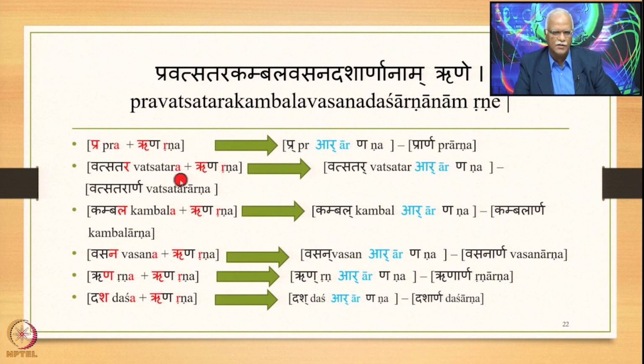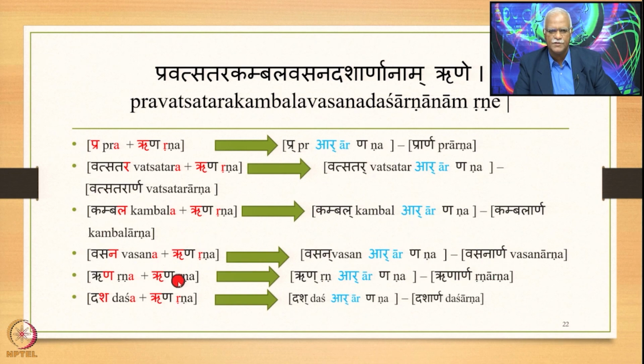Vatsatara plus Rana, a coming at the end of this pada, ru coming at the beginning of the word Rana, and so the output generated is Vatsatar arna, Vatsatararna. Similarly, Kambala plus Rana, and the output generated by this statement is Kambal arna, Kambalarna. Vasana plus Rana, and the output generated is Vasan arna, Vasanarna.